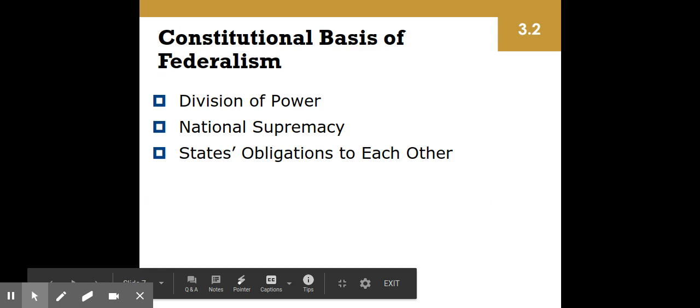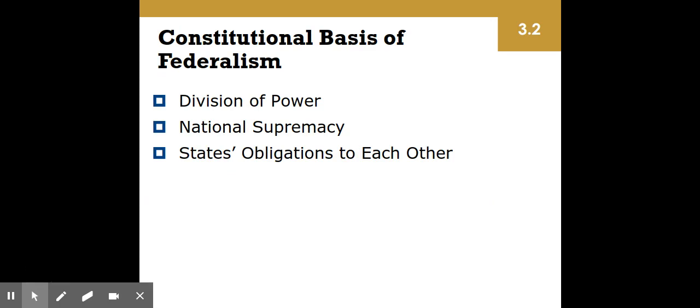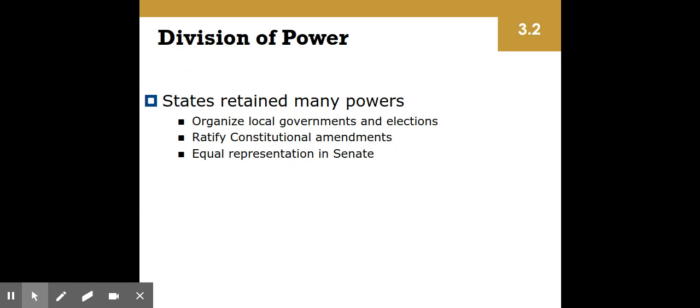The constitutional basis of federalism revolves around division of power, national supremacy, and the states' obligation to each other, which can all be found within the Constitution itself. The division of power: the states retained many powers. For instance, organizing local government and elections, whether it's school board or counties or townships or boroughs, all of that is up to the government in Harrisburg.